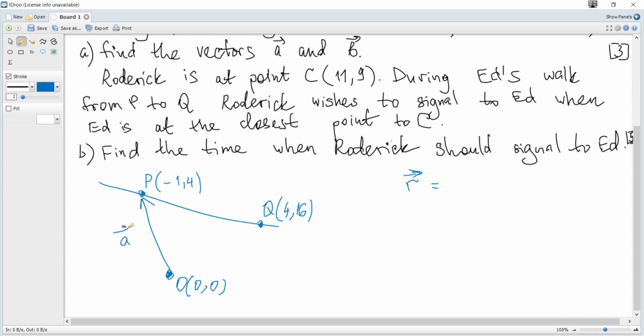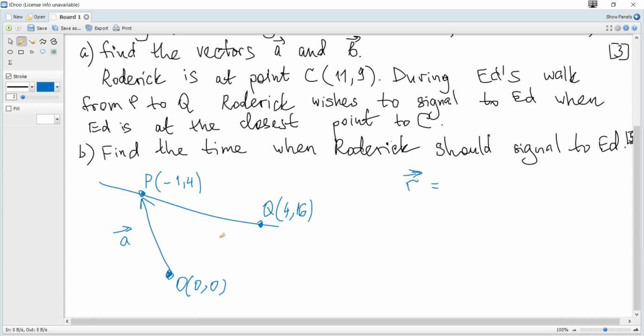And how to find coordinates of a vector? It's just coordinates of the endpoint minus the coordinates of the starting point. So it's -1 minus 0, 4 minus 0. And you can notice that coordinates of a vector will have the same values as coordinates of a point.